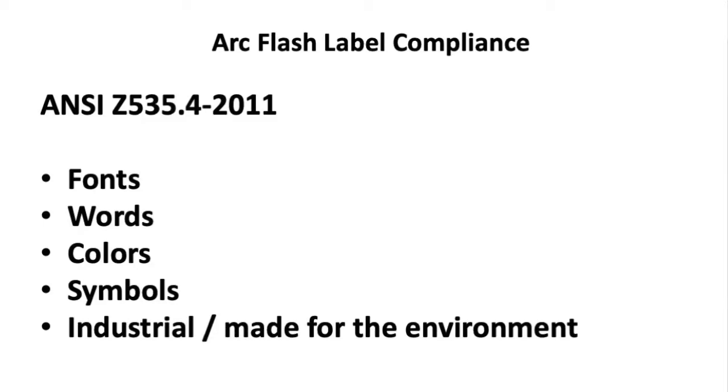Here you'll find information about the fonts, the specific words you can use, when you can use the word caution, when you can use the word warning, when you can use the word danger, specific colors, specific symbols, and how things are arranged. And then the other part of that is the label type. It's got to be industrial, made for the environment, to stick, not fade, all those other things. So those are the main pieces and components of compliance with arc flash labels.